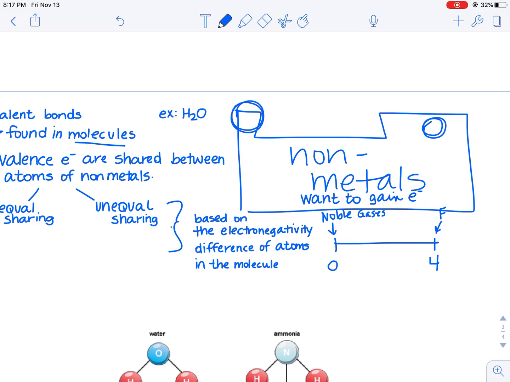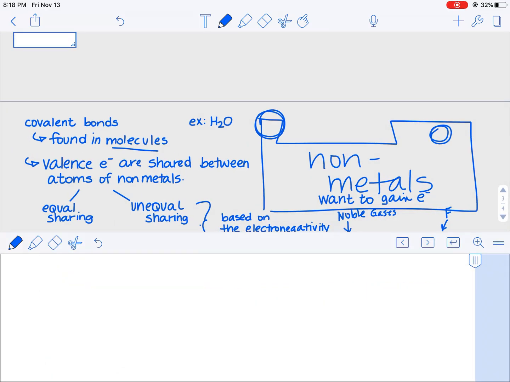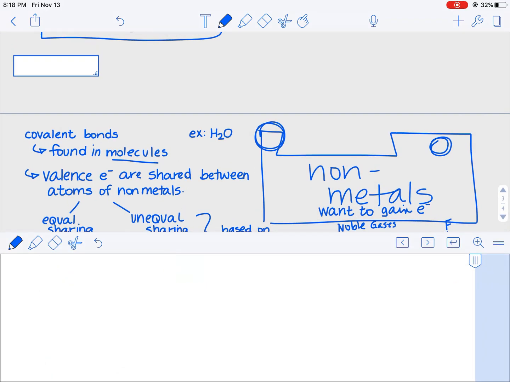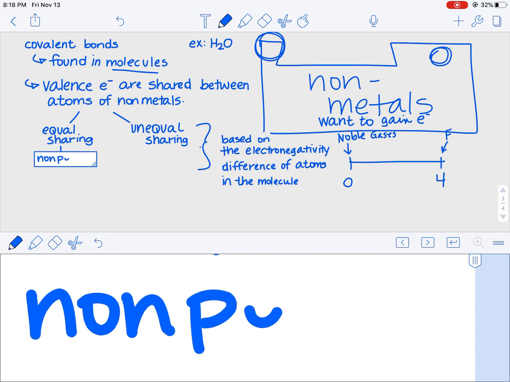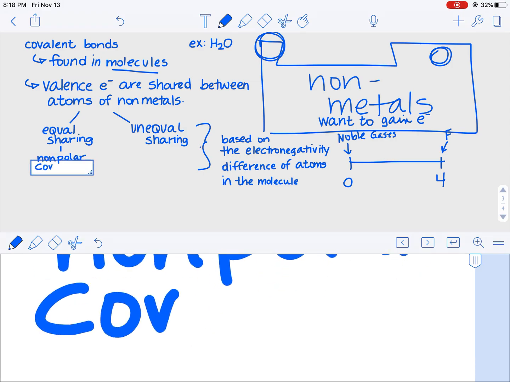So if we have the situation where we've got two nonmetals that have similar or exactly the same ability to gain electrons, they are going to wind up in this equal sharing scenario. And that is called a nonpolar covalent bond.